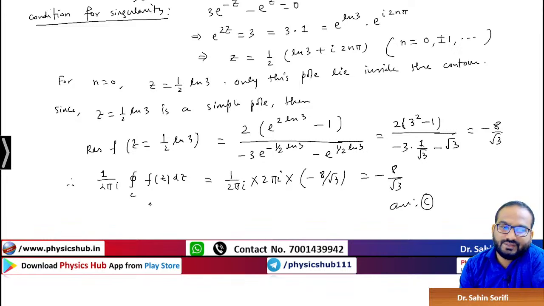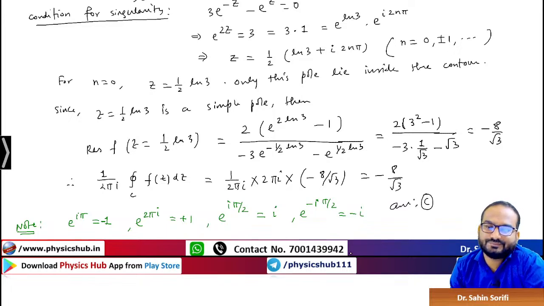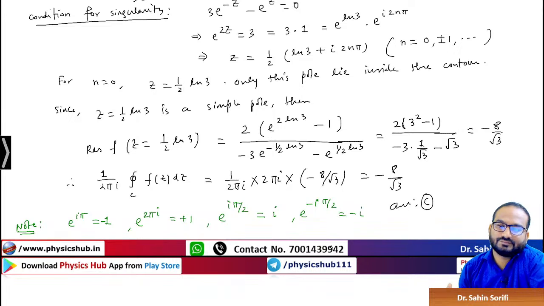In the formula sheet I gave you, there you can find e to the power I pi equals minus 1, e to the power twice pi I equals plus 1, e to the power I pi by 2 equals I, e to the power minus I pi by 2 equals minus I. Can you write these things?